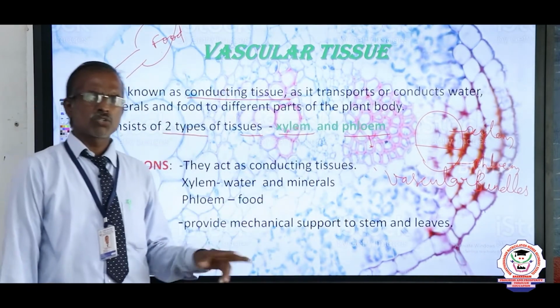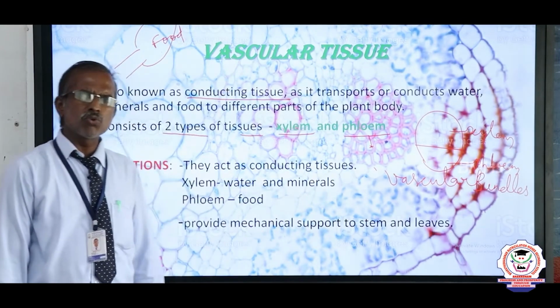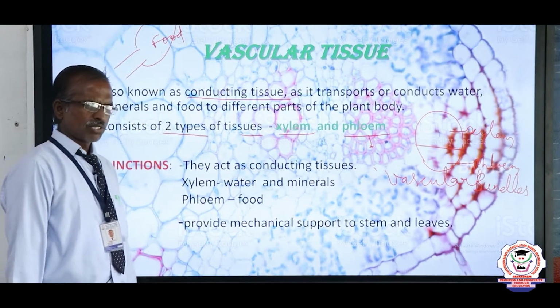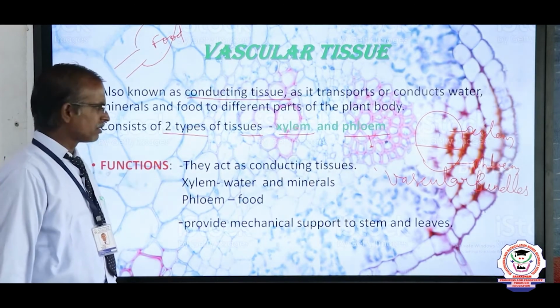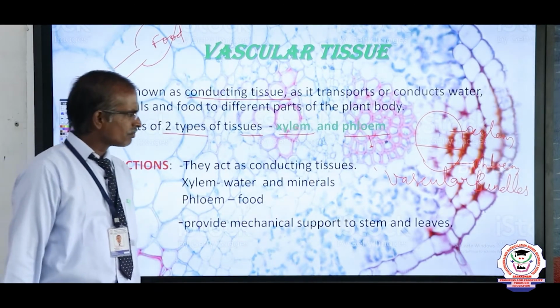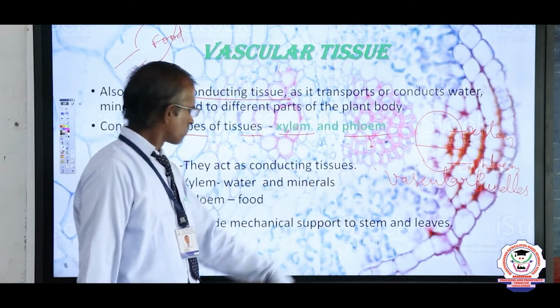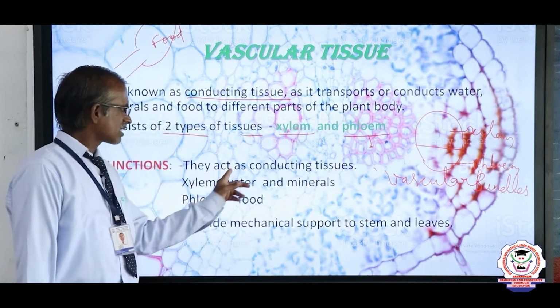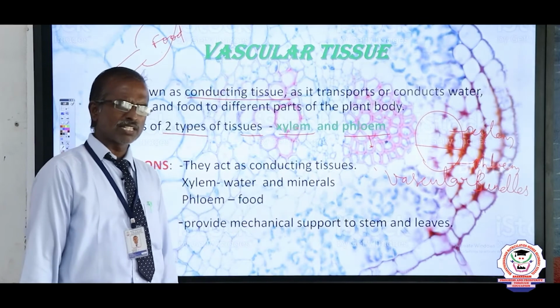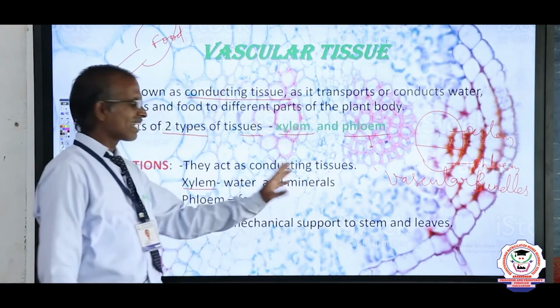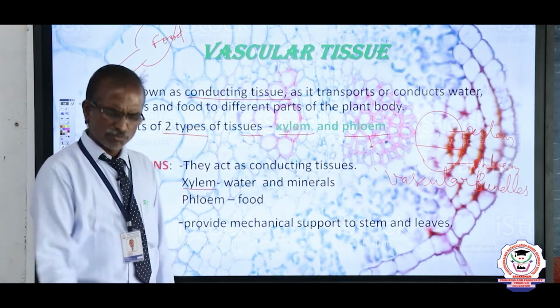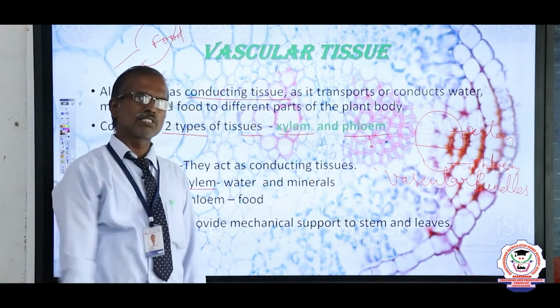The vascular tissue does two main functions. Mr. Kaushik Shankar, look here, look at the board. They are two important transporting tissues. One conducts water and minerals: xylem conducts water and minerals from the root tips to the tip of the plant.